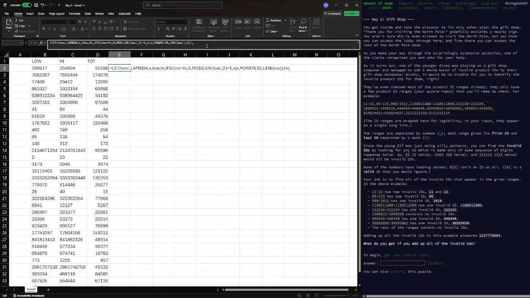Otherwise, if it's not, which means that now it's got the even length, we then got to do true.